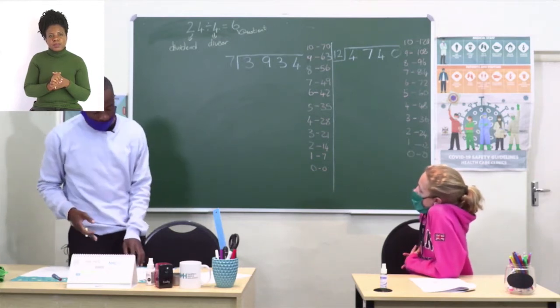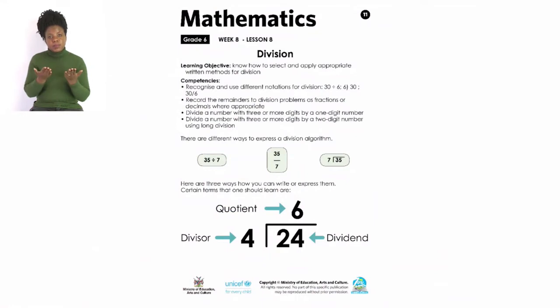Let's quickly look at the one in your book. Why is this important? Because notice the positions have changed. Can you see that? For example, your 4, which is on the outside, will be your divisor. Okay? And this time around, 24 is your dividend.